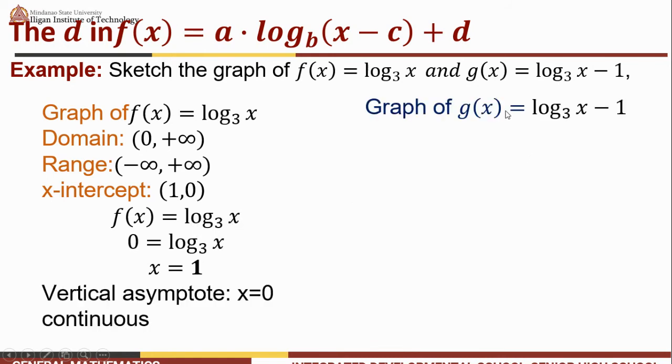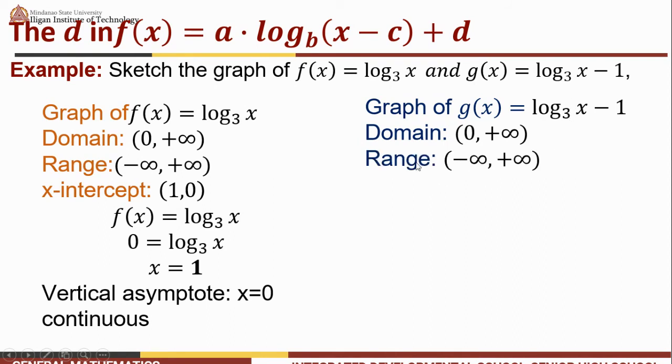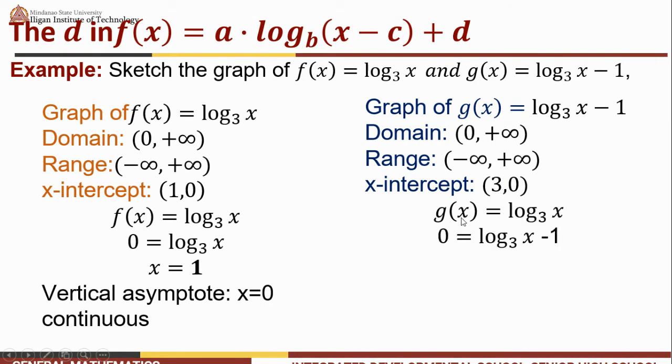And for the function g, we are so sure that our x here is from 0 to positive infinity from the definition. The range here is just a set of all real numbers. The intercept is just 3, 0. How did we get this? We let y equal 0.